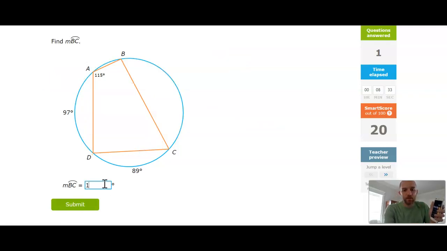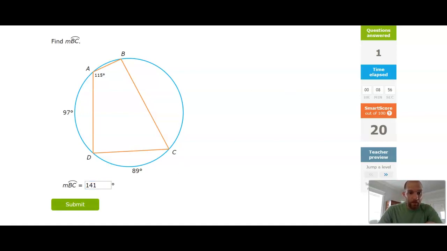So 141 degrees should be our answer. I'm going to show you another way to look at this problem, though, okay? This might be a little bit more direct, but the idea here is that when you're given a diagram, there's not always a single way to solve a problem. A lot of times you can attack it in a lot of different ways, but let's make sure that we still end up with an answer of 141 degrees.